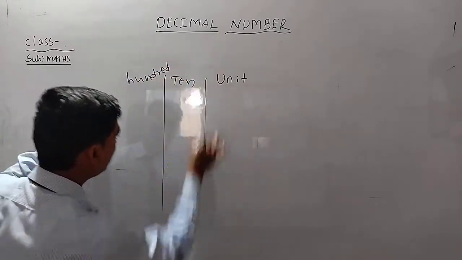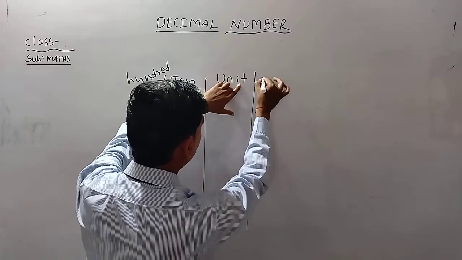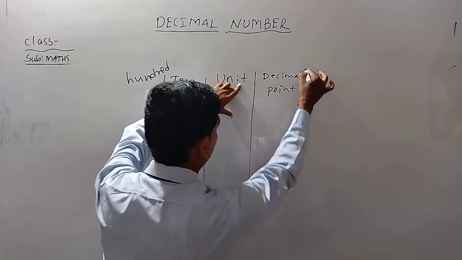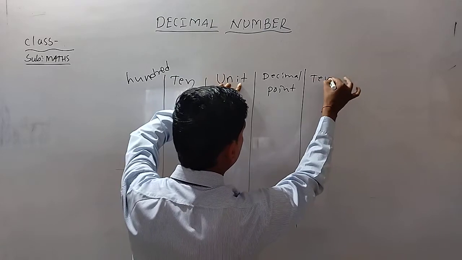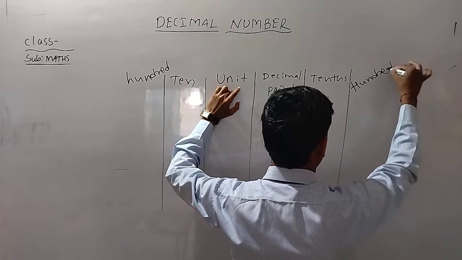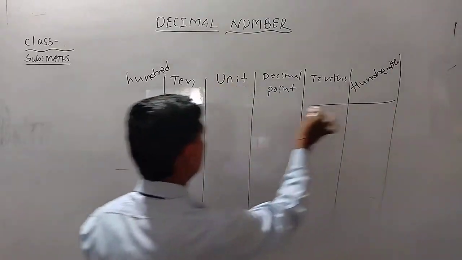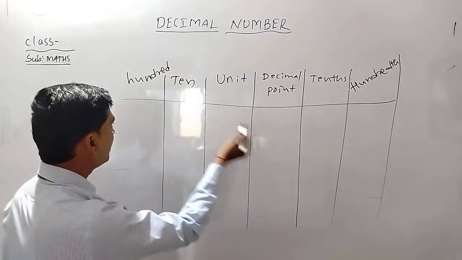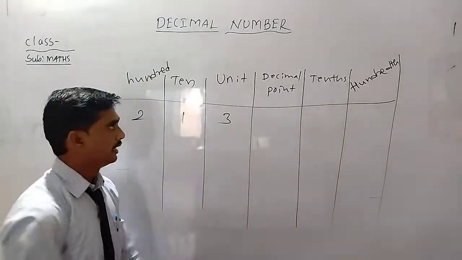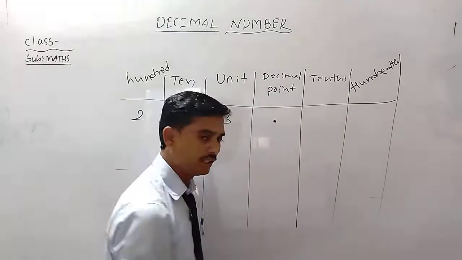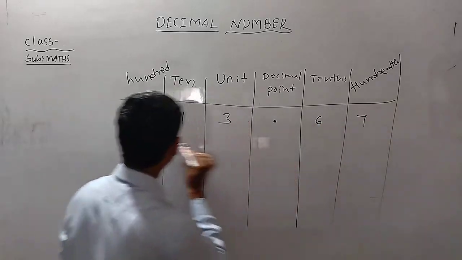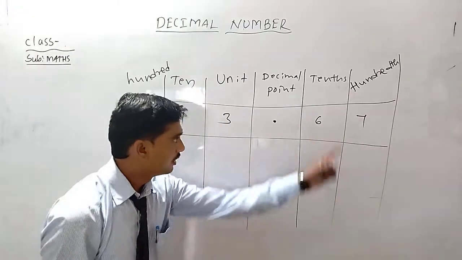Now, after the unit place comes the decimal point, then tenths, hundredths, and the next one is the thousandths place. Then in the tens place 1, 2, unit 3, then you should keep the decimal point, then after that 6, 7, and then you should write the value of the numbers.